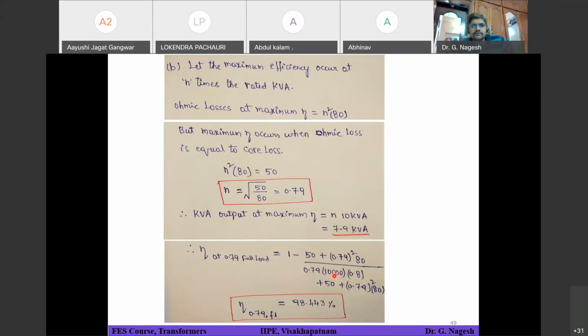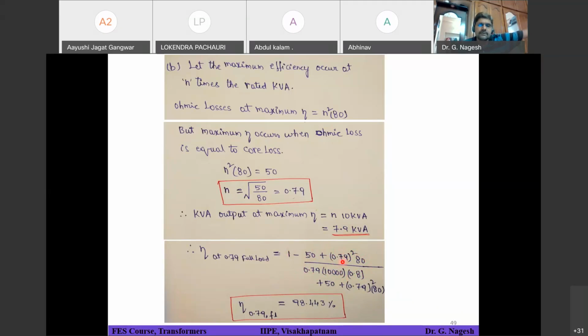Right, so 0.79 into rated kVA into the power factor, which was given as 0.8, that will be your output power. And losses will be 50, and the copper loss will also become 50 only. If you calculate 0.79 whole square into 80, it will again be equal to 50 only. Okay, right.